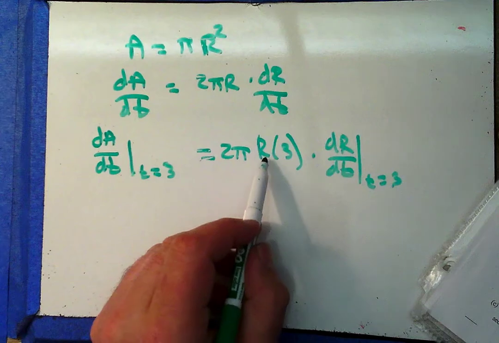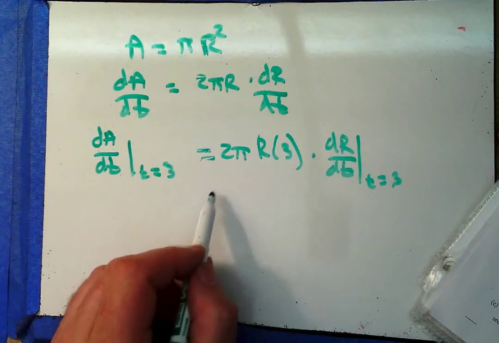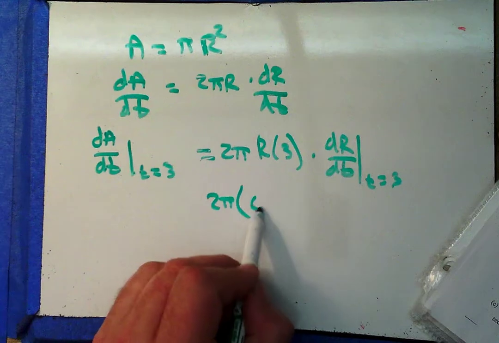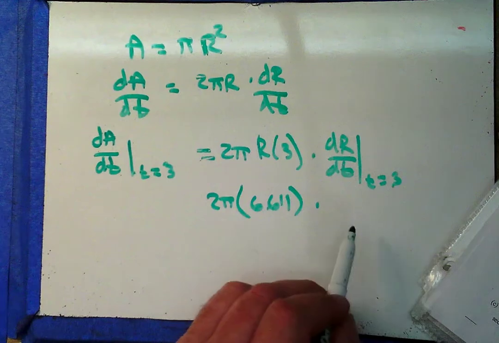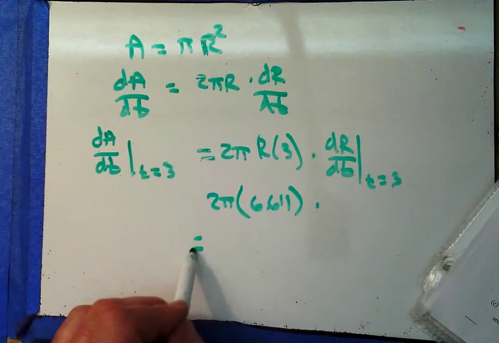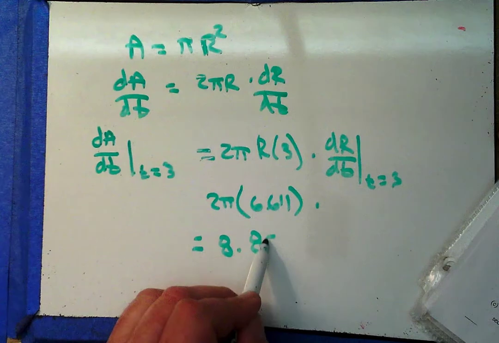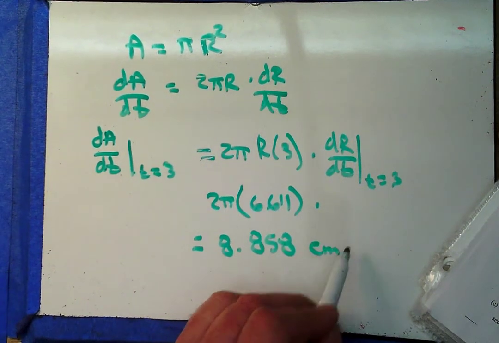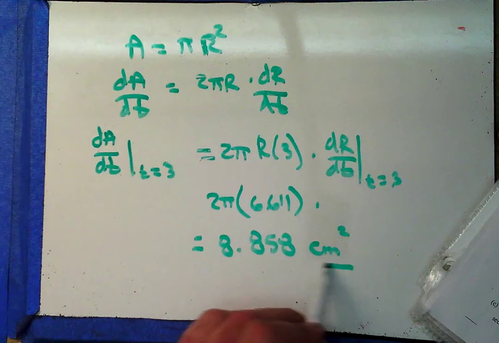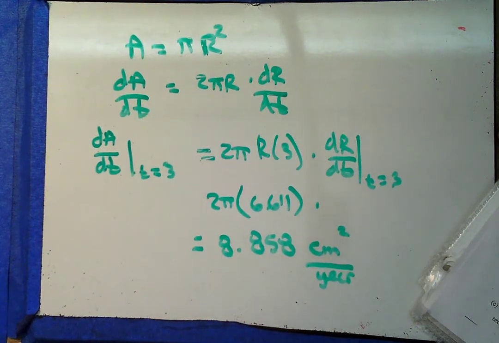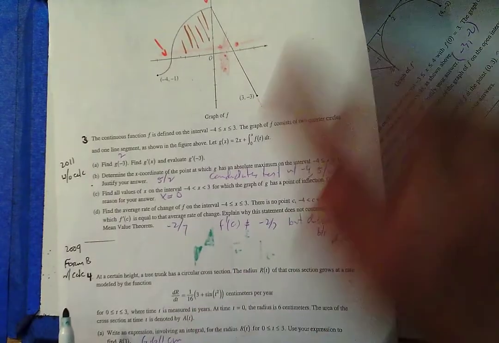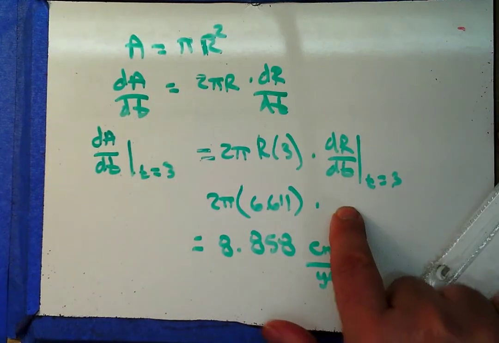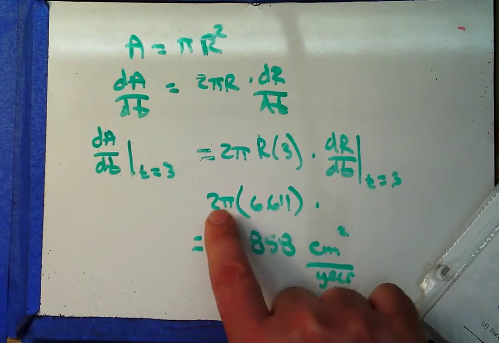I do know r of 3, because we just found that in the last part of the problem, part A, 6.611 times what I get from this on my calculator, and I ended up with 8.858. Don't forget the units. This is area, centimeters squared per year. They ask for units of measure. So this, I plug a 3 into here to find this number. R of 3 we found in part A, and don't forget the 2 pi.